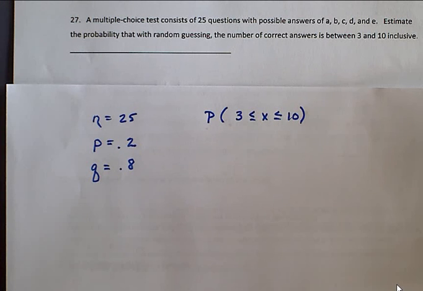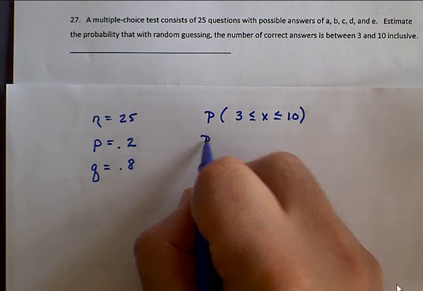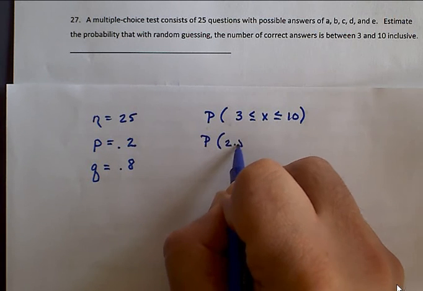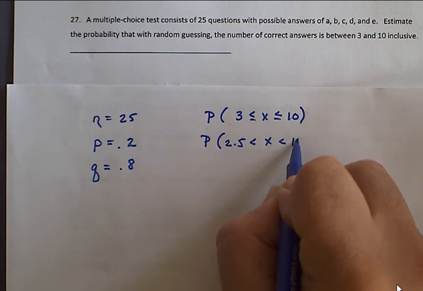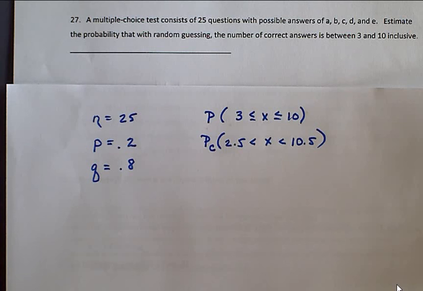Now that means the equal signs, that means I go away from the shading. So that 3 becomes 2.5, 10 becomes 10.5. There's my corrected probability.